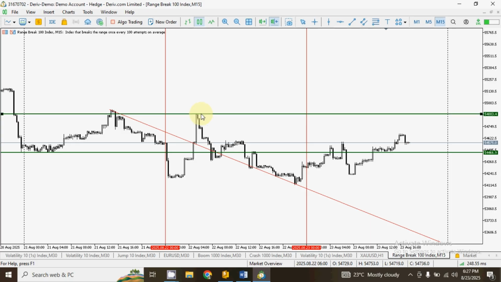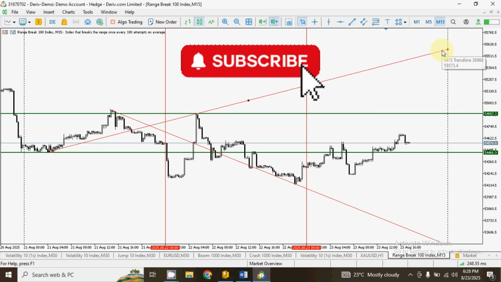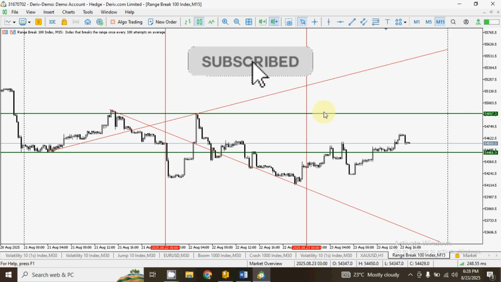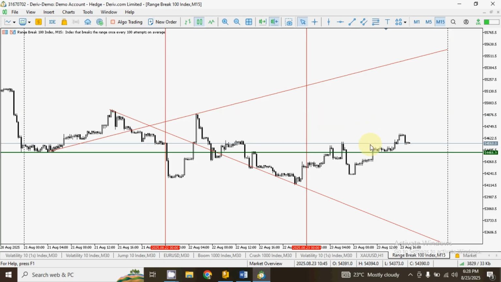After placing the horizontal line, you are going to draw another trend line connecting the lowest market price for 2 days ago to the highest market price for yesterday, just like we did for the previous one, and we are going to extend the trend line forward. Now let me delete these two horizontal lines I used to mark the market price.